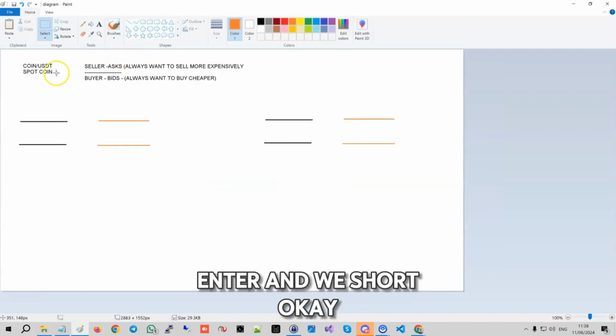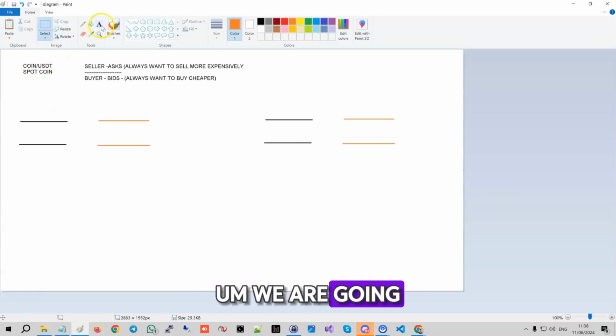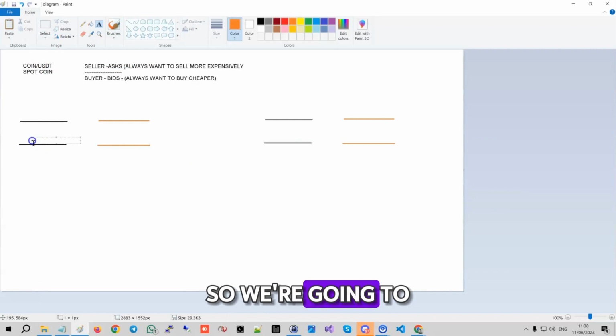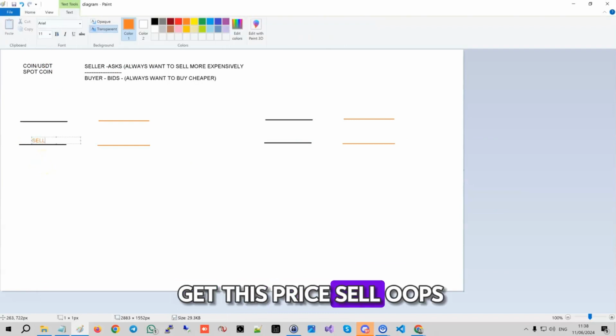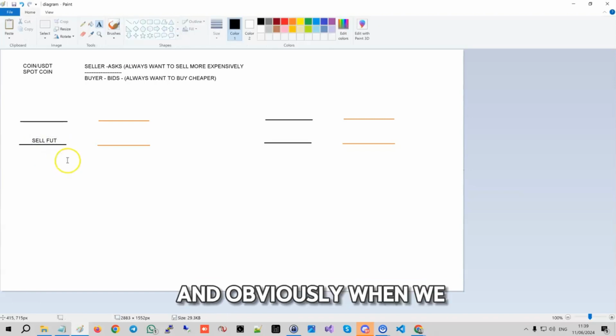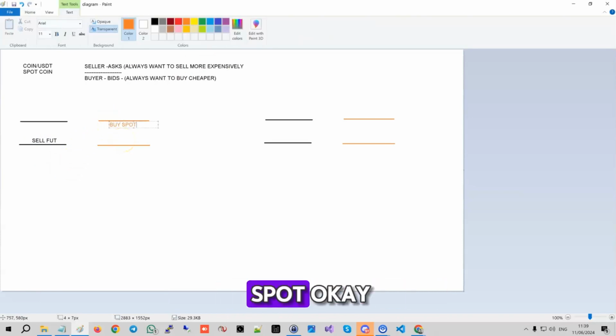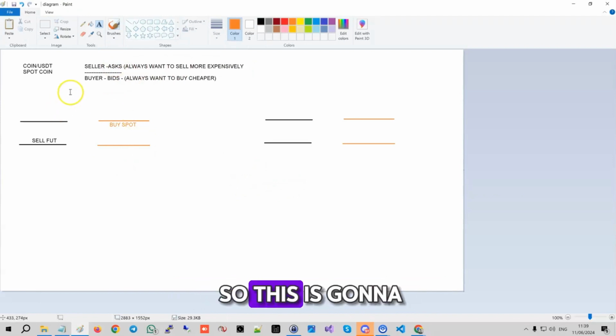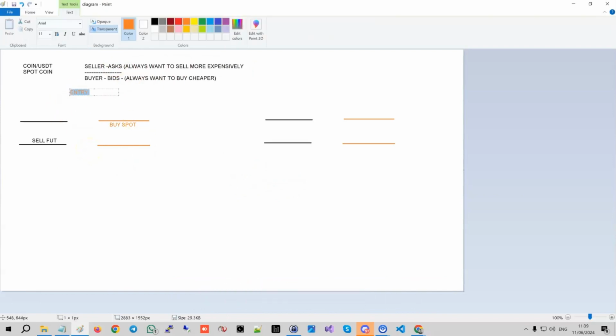When we enter and we short, because we're selling, we are going to get this price: sell future. And when we are buying, we're going to get the ask price: buy spot, because these guys are selling. This is going to be entry, and this is going to be exit.